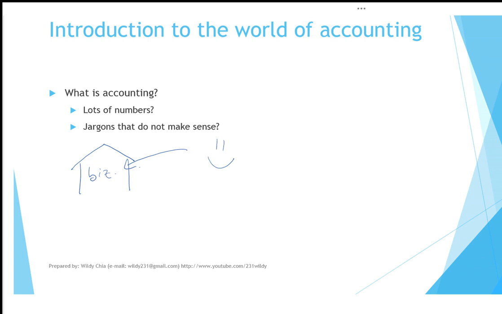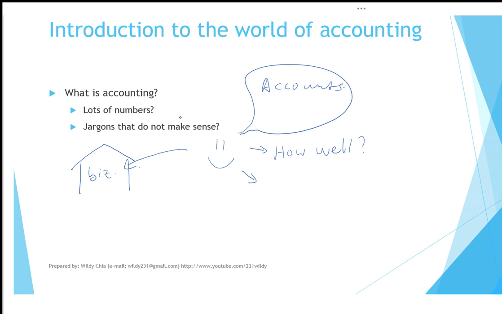If not, what you could do is go on to look at the accounts of the business, because by looking at the accounting records of the business, you have a better sense of how the business has done. How well has the business survived over the past 1 year, 2 years or so? You're able to better uncover how much borrowing the business has.